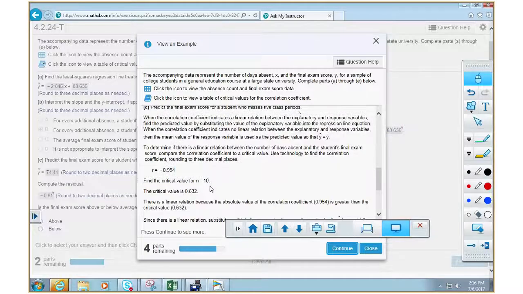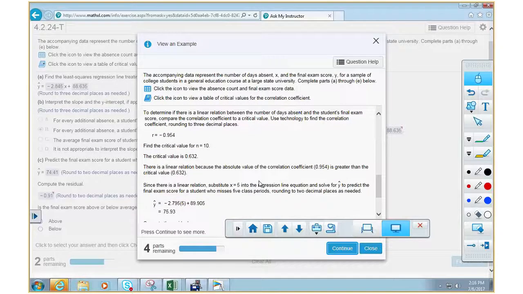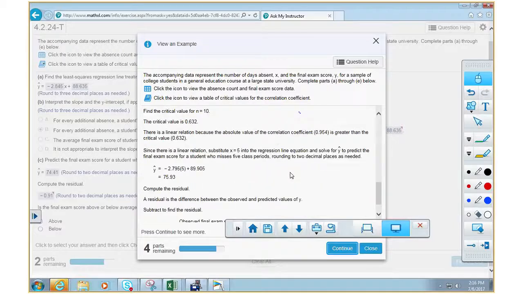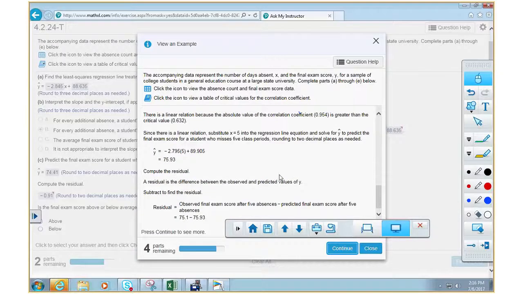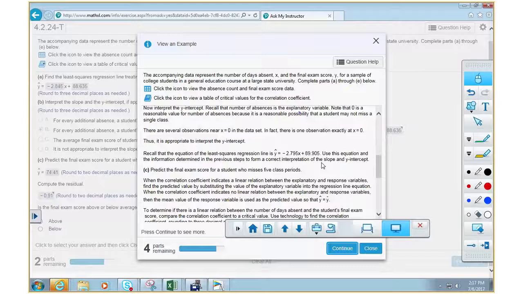Find the critical value. All right. We got this. If you look in your calculator, that's your correlation coefficient. This is the critical value. What are they doing with it? Compute the residual. Observe, predict, final. They're doing something different.